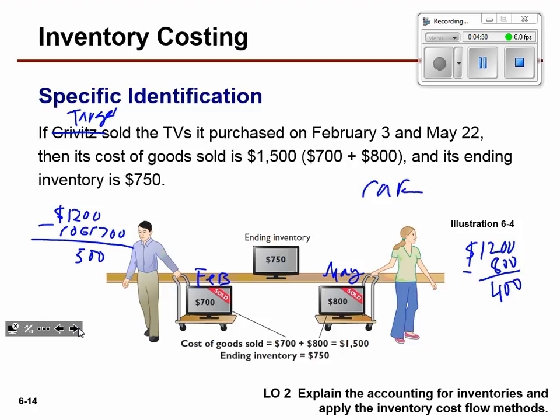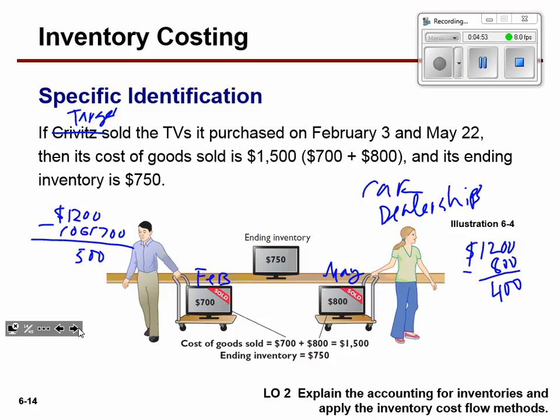The one business that I can think of that probably uses this is car dealerships. If they sell the $90,000 Corvette to someone, do you think they know exactly what their cost was? Yeah. Cars are a little bit more exclusive.